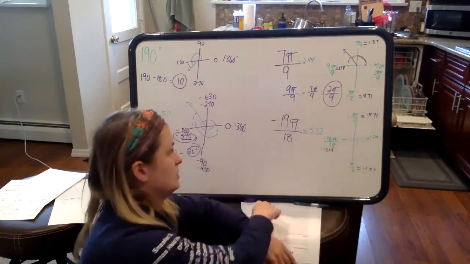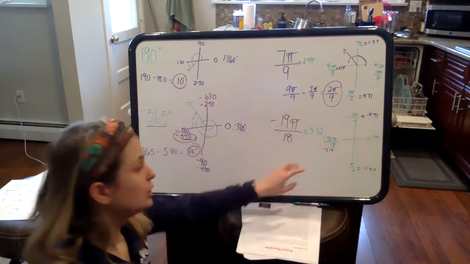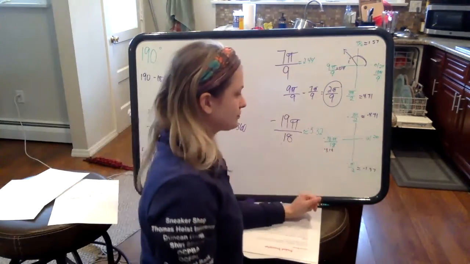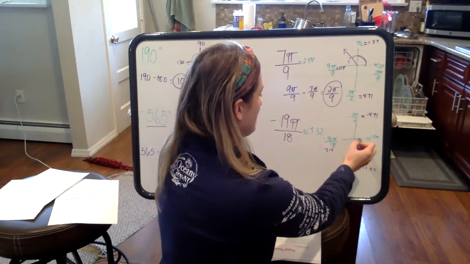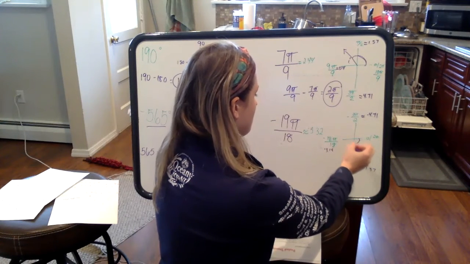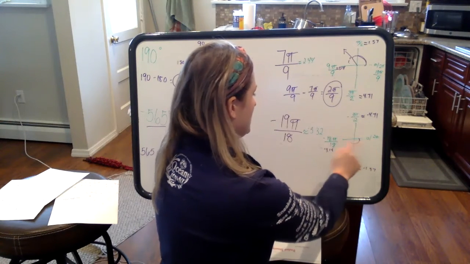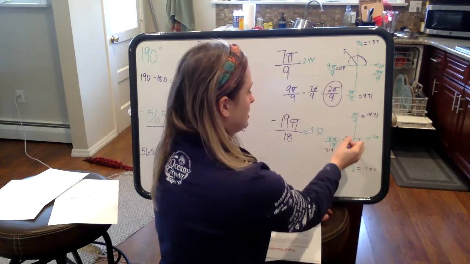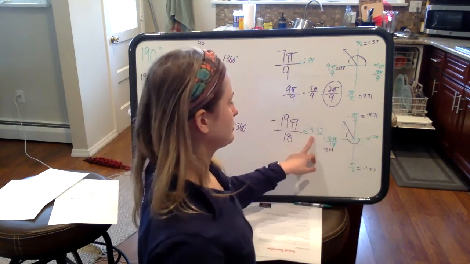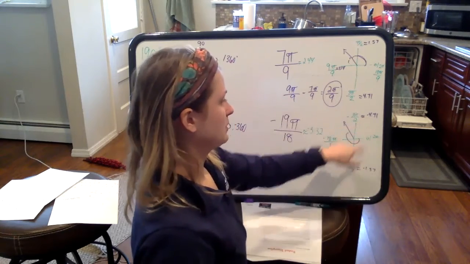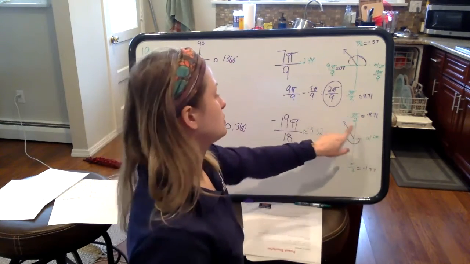Negative, okay? So looking at this, we would go like this, right? So we pass 3.14, so it'll be in here again, right? Because 3.32 is in between 3.14 and 4.71. So we're in here somewhere.